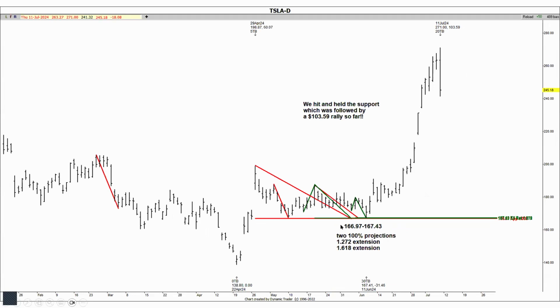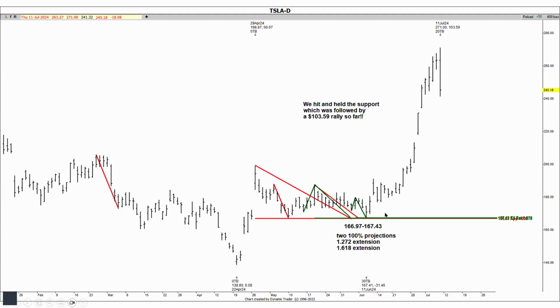Okay. So markets trading down at the time. We have basically two 100% projections, a 1272 extension and a 1618 extension that all came in between 166.97 and 167.43. So when you have a cluster, basically what you do is you look at that as important support.